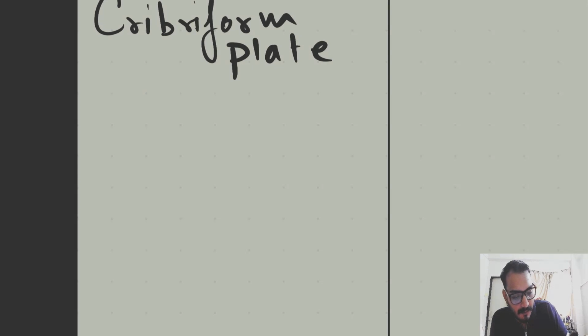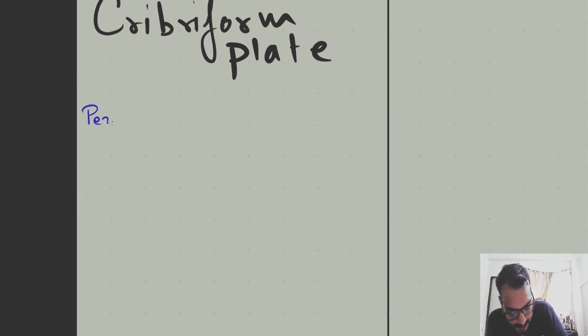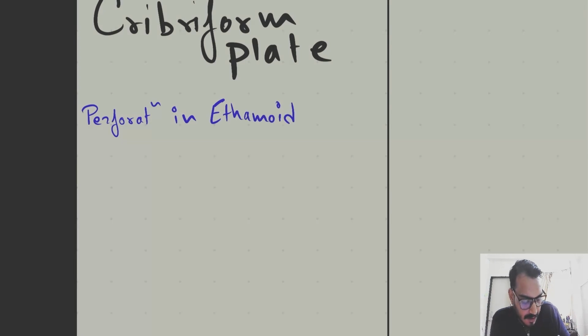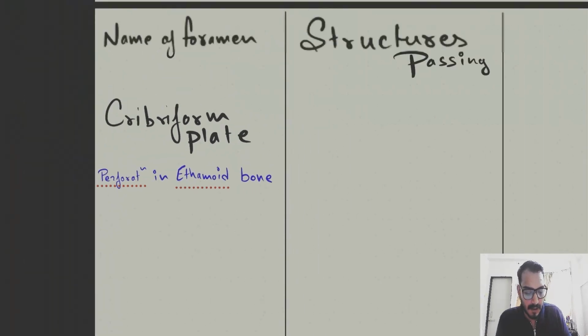What is cribriform plate, guys? Cribriform plate is the perforation in ethmoid bone. Which structure is passing through it, guys?